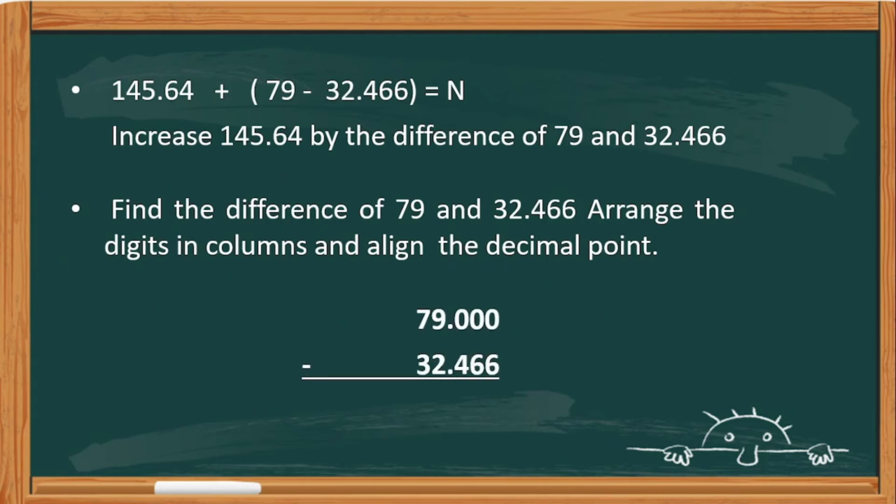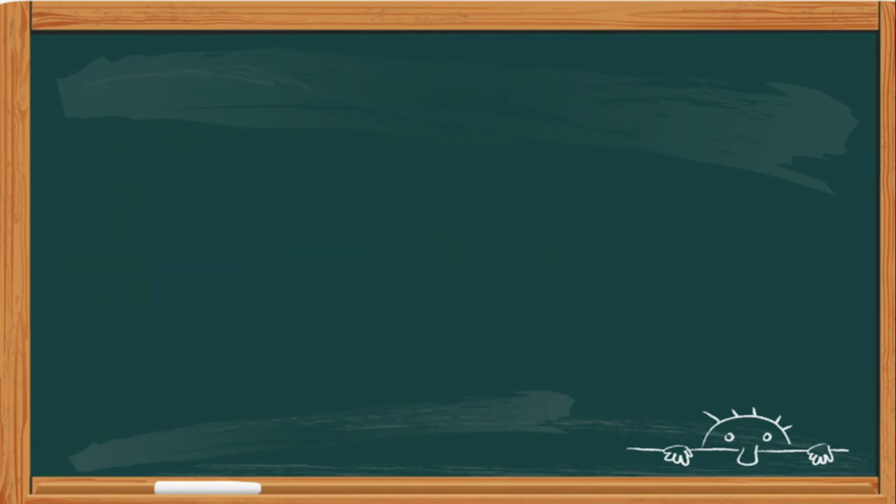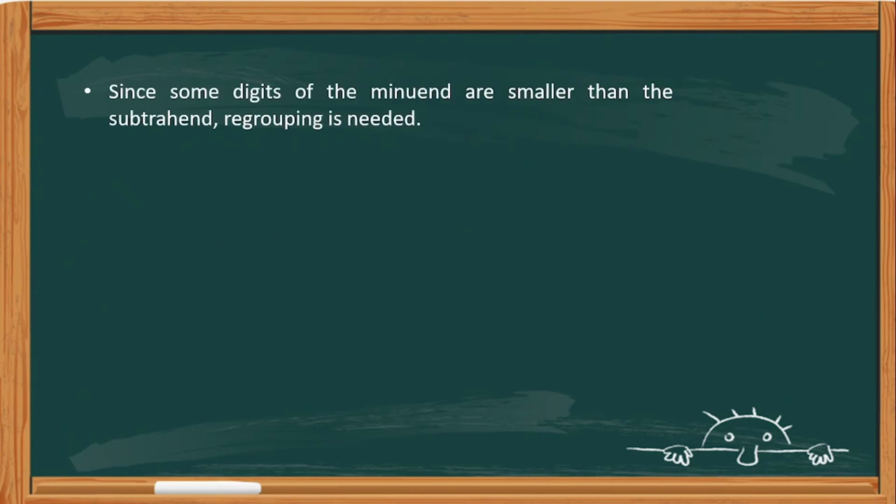So 79.00 minus 32.466. Since some digits of the minuend are smaller than the subtrahend, regrouping is needed. So 79.000 minus 32.466 is equal to 46.534.